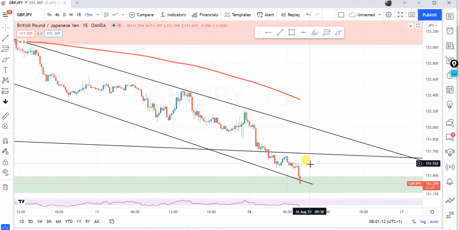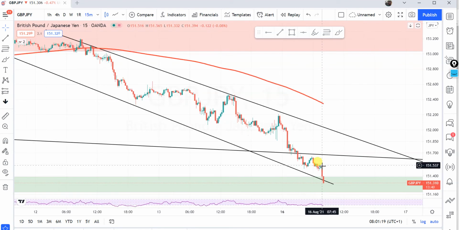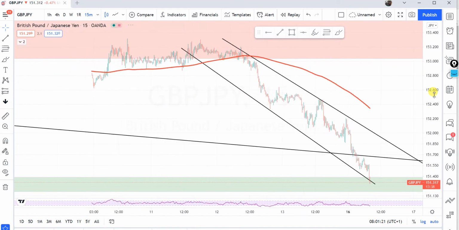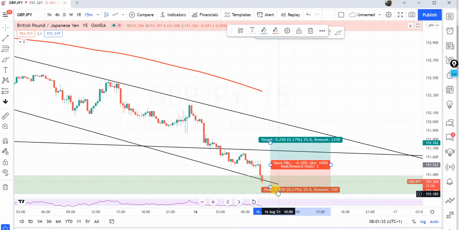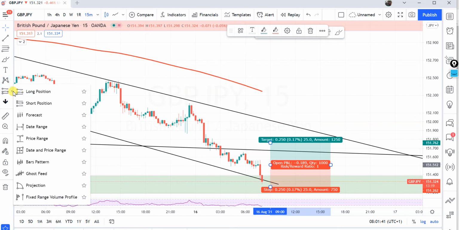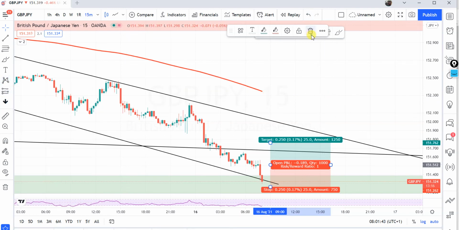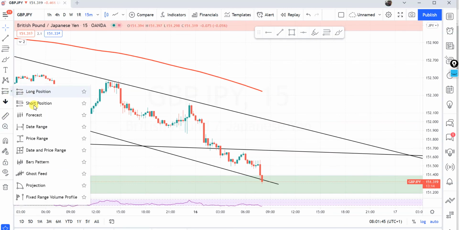So you can see the market is actually selling. But I don't advise you to sell now, except you have some tricks. There's nothing much here in this market, because if you decide to place your stop loss at this level, for instance, I want to take a short position.